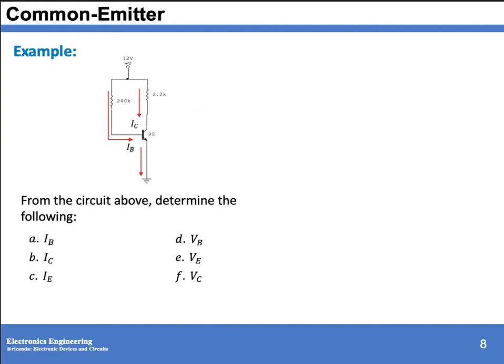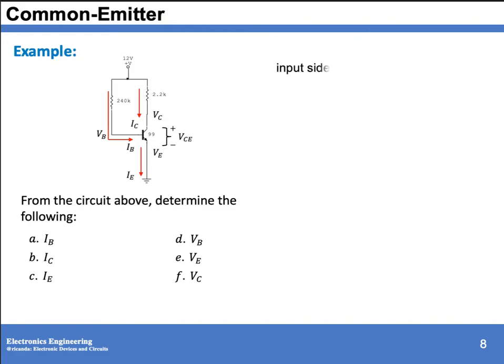So we have the currents IB, IC, and IE. Then for the voltage at the base with respect to ground, the voltage at the collector from the collector terminal with respect to ground, and the voltage at your emitter from the emitter terminal with respect to ground. And we have a voltage VCE, which is from your collector to your emitter junction.